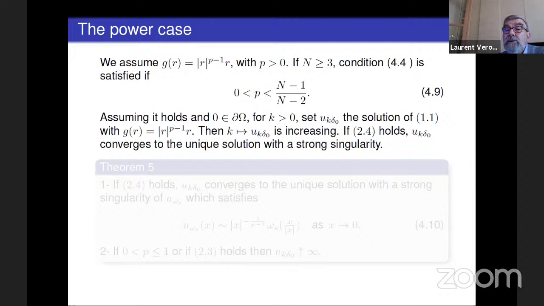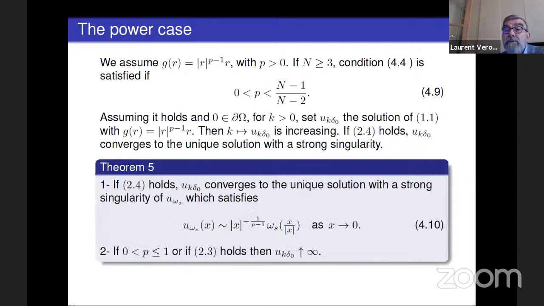So what happens? If u is bounded by a constant times x to the minus 1 over p minus 1, then we know that the solution uk delta will converge to a solution with a strong singularity at 0. It satisfies this.